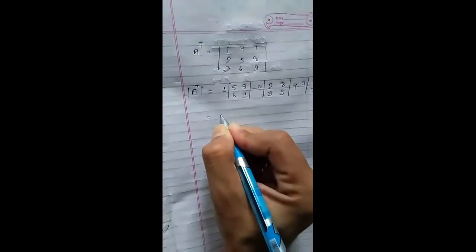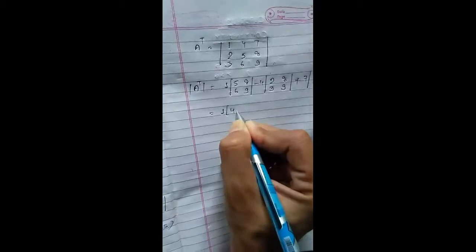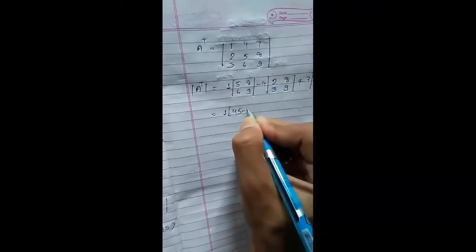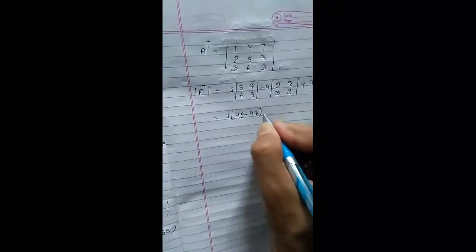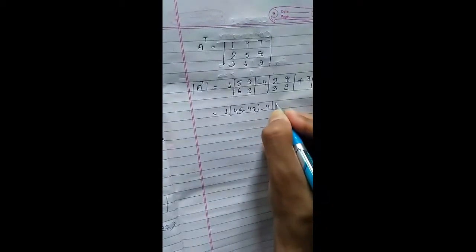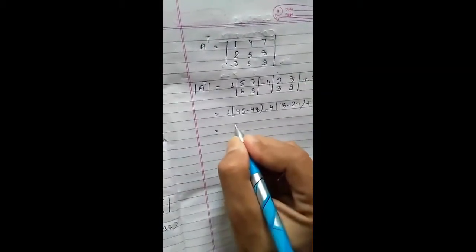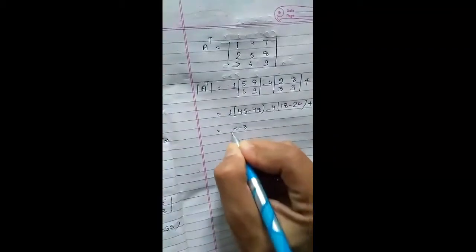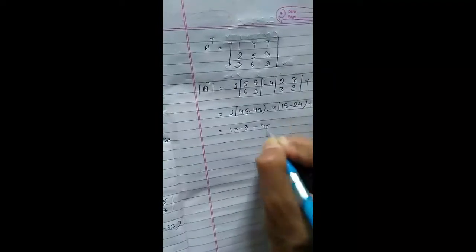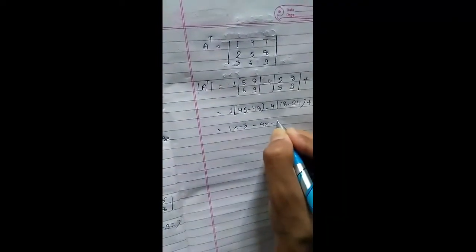Now 1 into 9 5 is 45 minus 8 6 is 48, minus 4 into (9 2 is 18 minus 8 3 is 24), plus 7 into (6 2 is 12 minus 15). So minus 3 into 1, minus 4 into 18 minus 24 is minus 6, plus 7 into 3.